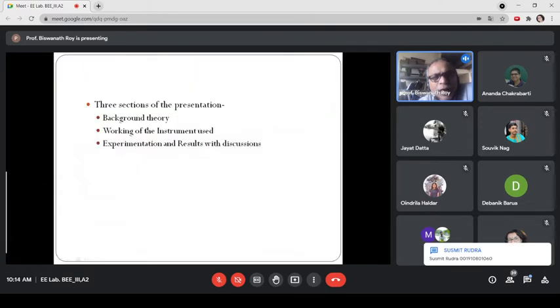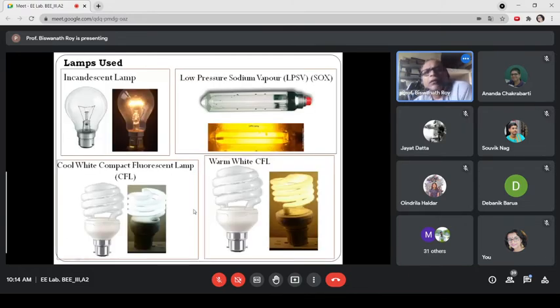We will discuss how the instruments work, and then the experimental results will be discussed, right? In this experiment, actually 4 lamps are used in the laboratory.